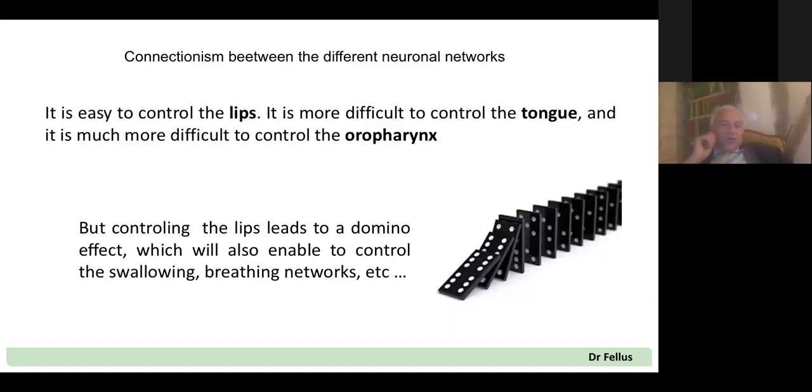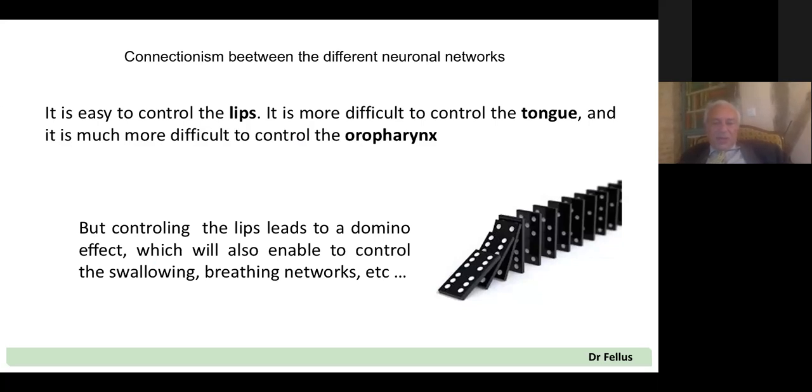And I told you about connectionism between the different neural networks. And we know it's easy to control the lips, more difficult to control the tongue, and much more difficult to control the oropharyngeal muscles. But by controlling the lips, like a domino effect, the first domino falls and will stimulate the deglutition program.